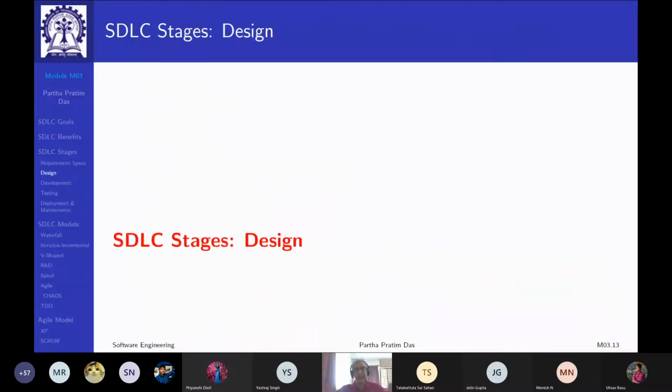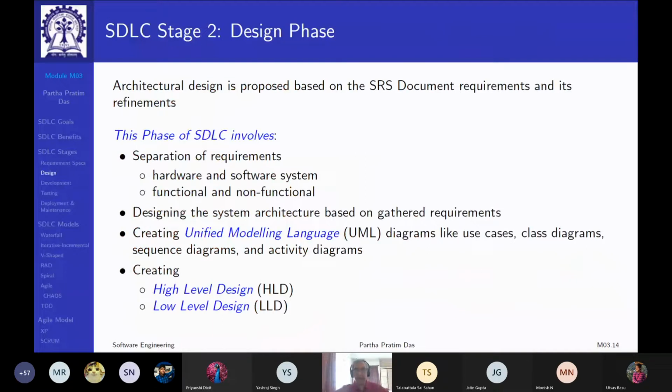The second stage is design. You have got the requirements, let's say in the form of an SRS document. The presentation document I gave you for assignment 3 is kind of a rudimentary SRS document. SRS documents do not necessarily have a given structure and format.